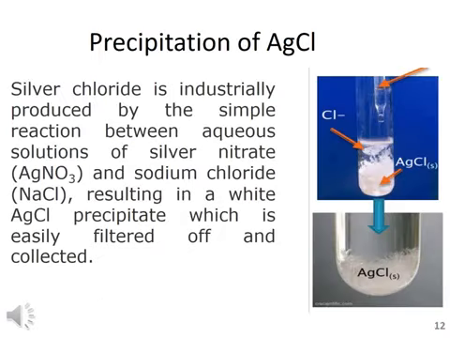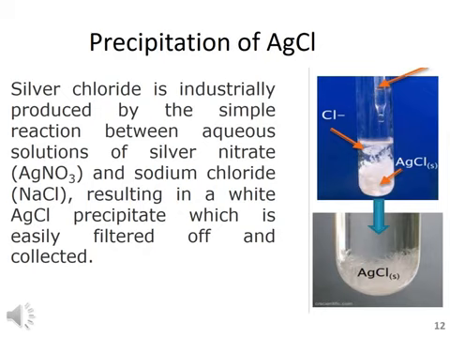By using this process of precipitation, the gravimetric analysis, silver chloride is produced in the industry by the simple reaction between silver nitrate and a solution of sodium chloride. When they react, the silver cation of the silver nitrate will react with the chloride anion of the sodium chloride.